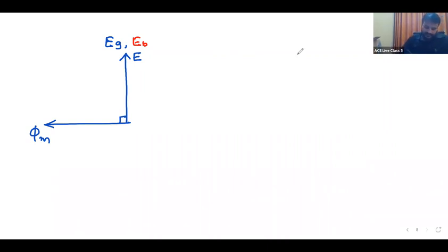For the generator, this is IA, for lagging power factor, I am drawing. This is IA for the generator, meaning the alternator, IA in this direction. But for the motor, IA will be in exactly the opposite direction.